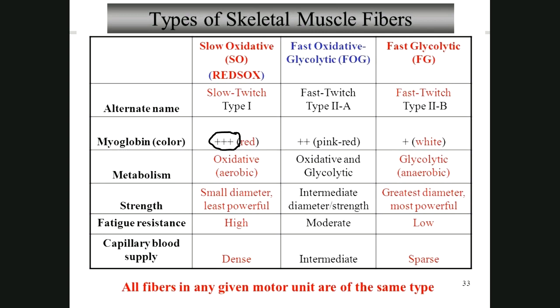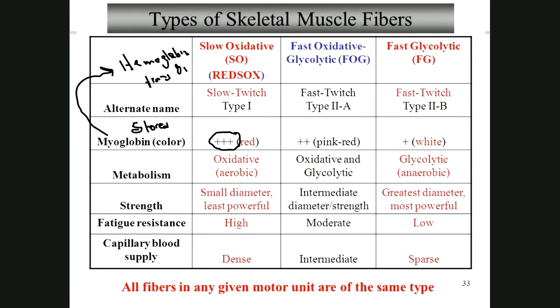Well, myoglobin is kind of a cousin to hemoglobin. Hemoglobin is what you find in blood that carries oxygen. It transports oxygen. Myoglobin doesn't transport oxygen, it stores oxygen.